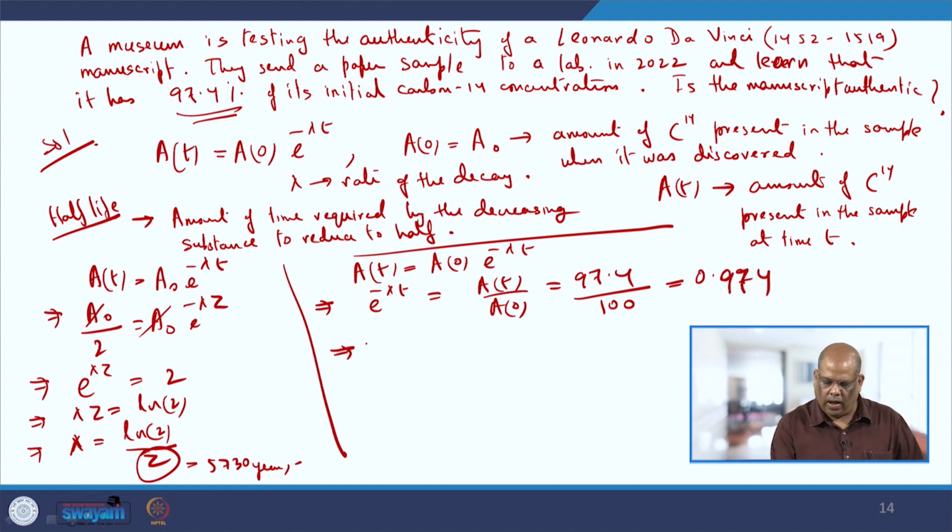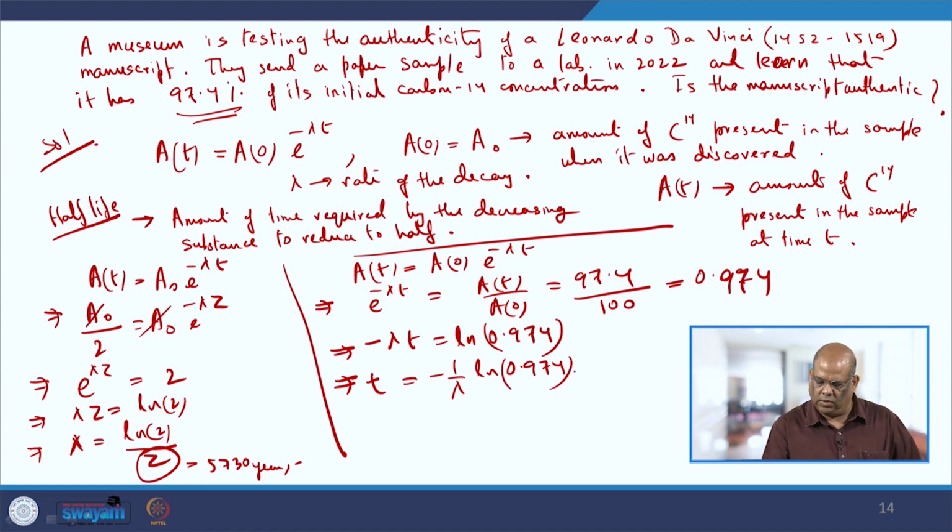So, this will imply minus lambda t equal to ln 0.974, and this will give t equal to minus 1 by lambda ln 0.974. If you substitute, from here the value of lambda is ln 2 divided by tau, and ln 0.974.